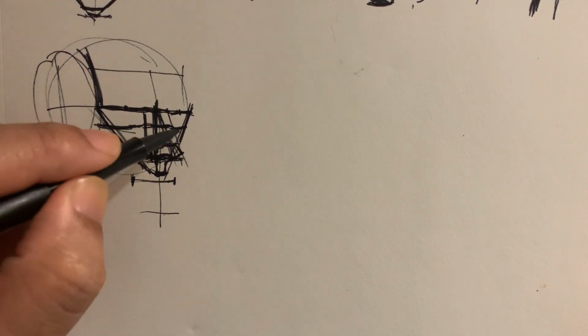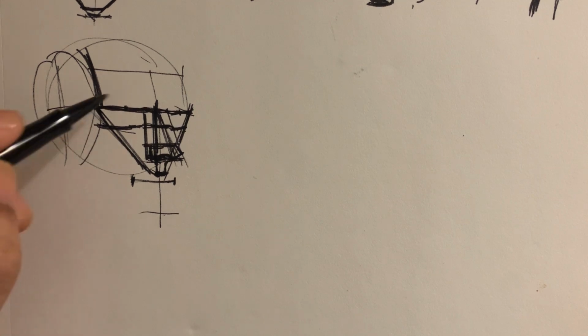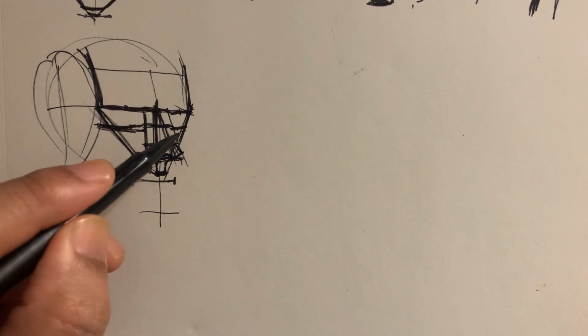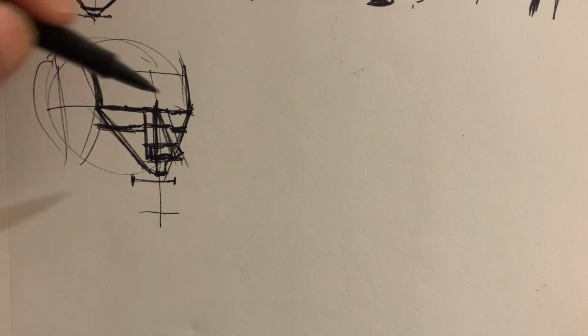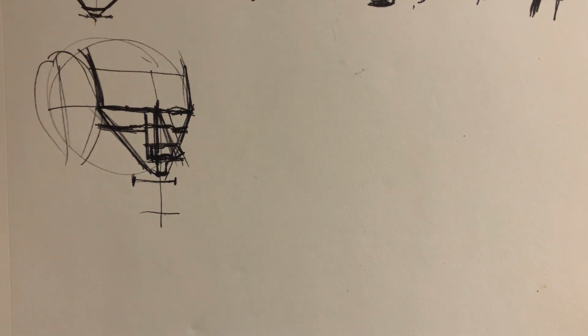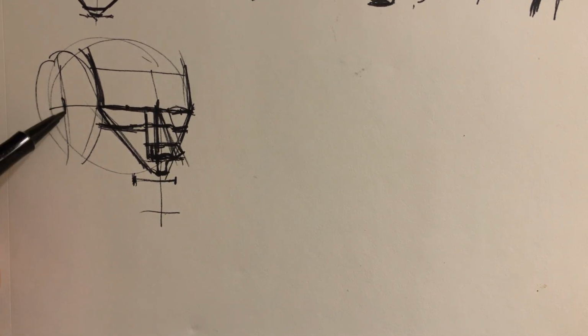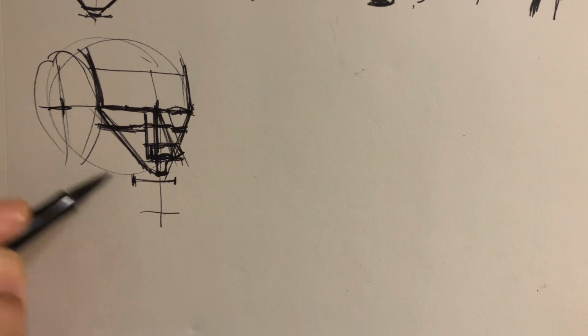So now you can get the shape of the eye socket. And then from the corner of the mouth to where the top of the ear is.